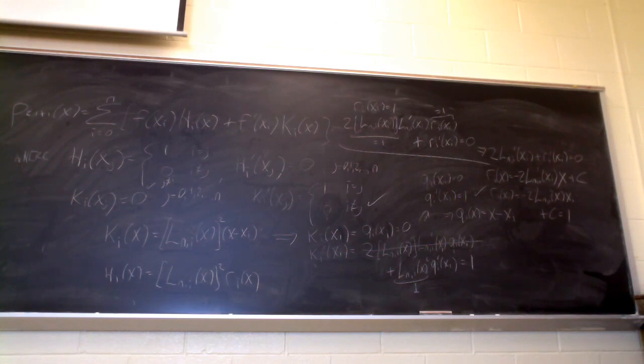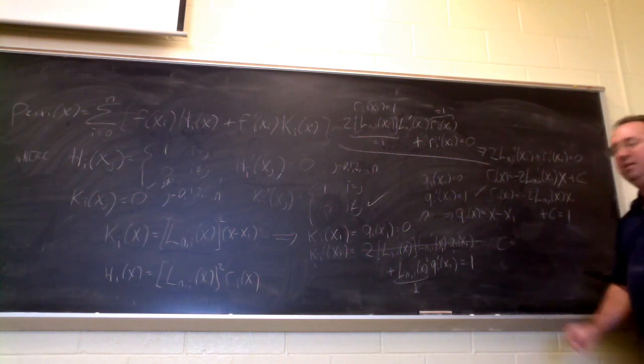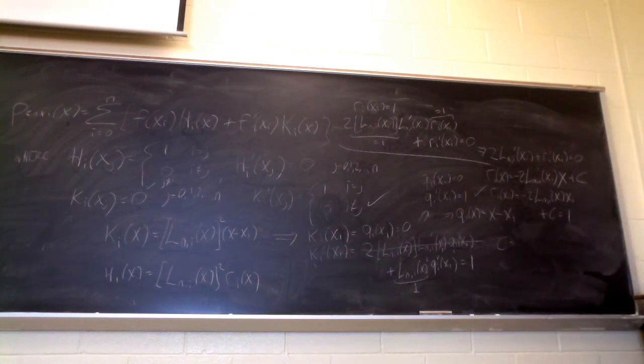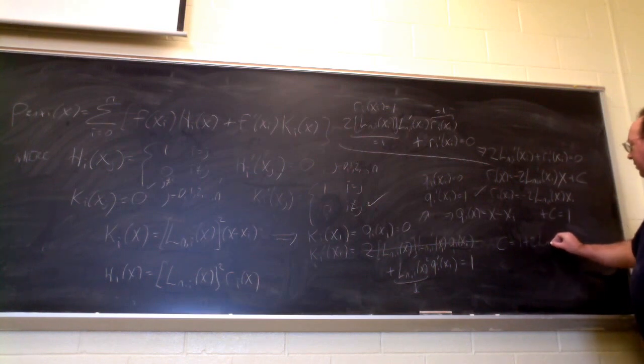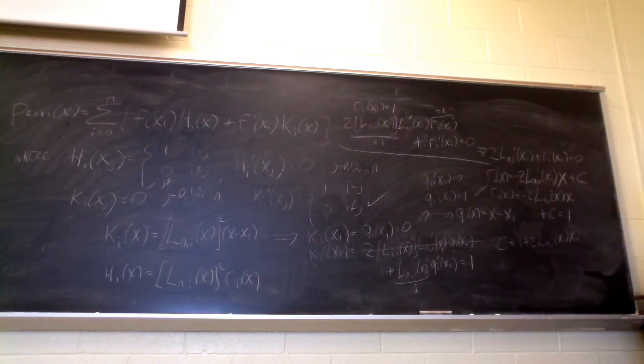So c equals 1 plus 2 l_i prime of x_i times x_i. That's it, just add it to make it positive.